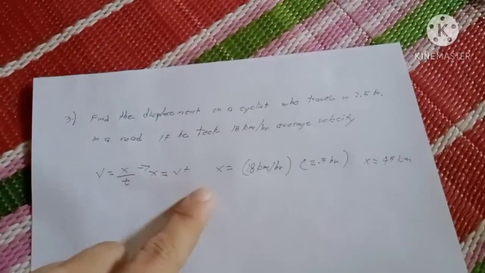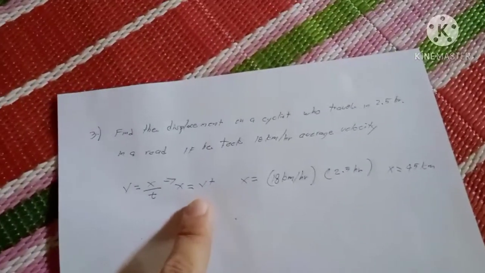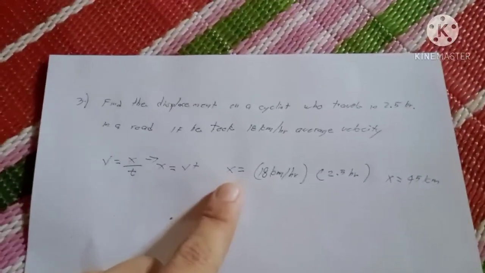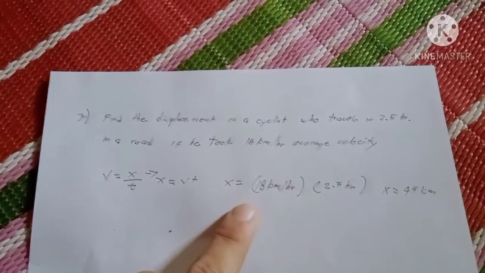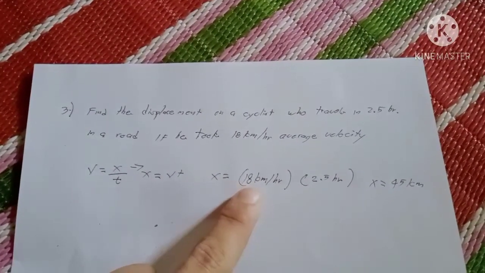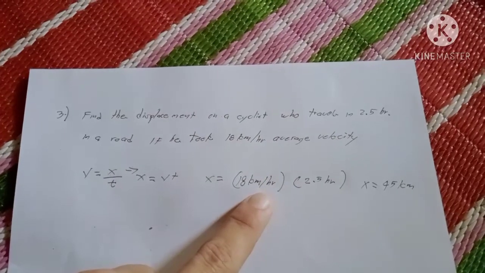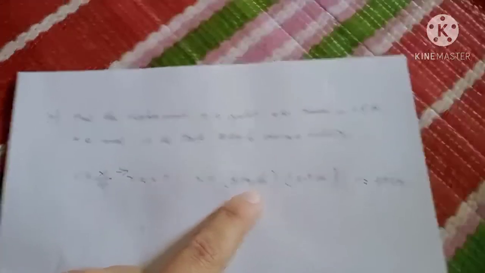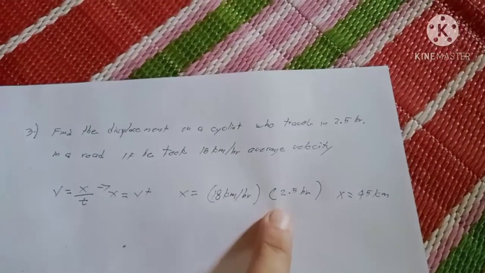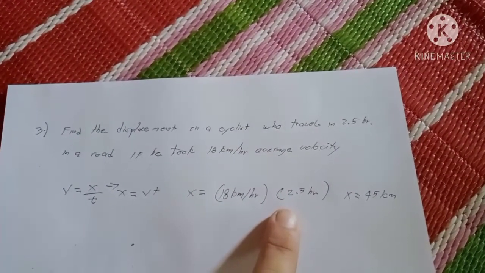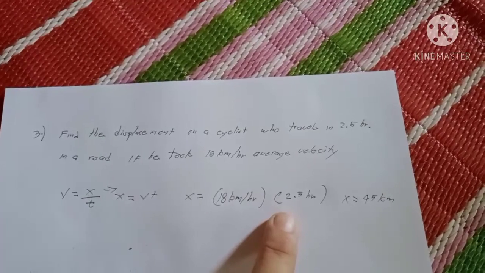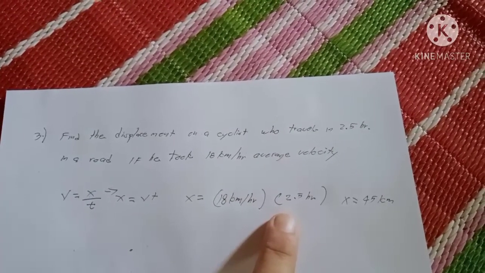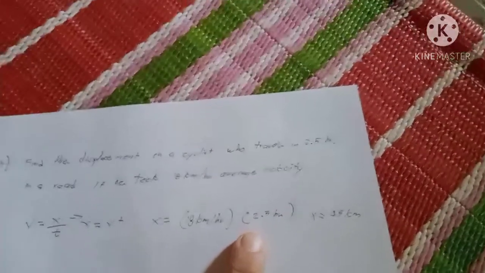This is the formula that we use now. Displacement equals 18 km per hour, which is the velocity, multiplied by 2.5 hours, which is the travel time.